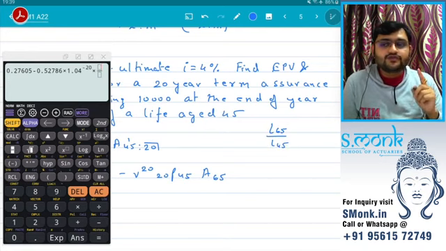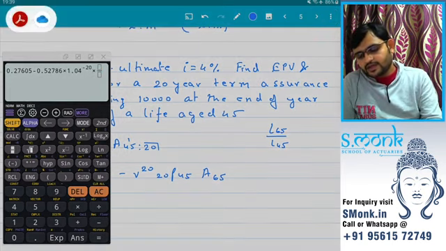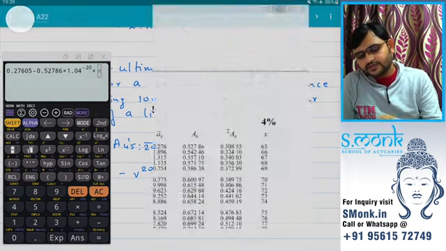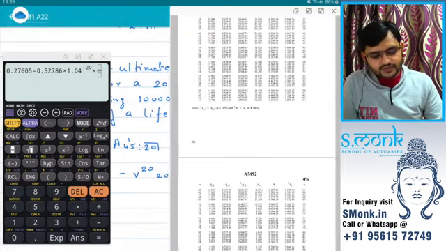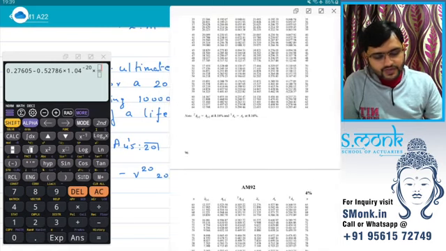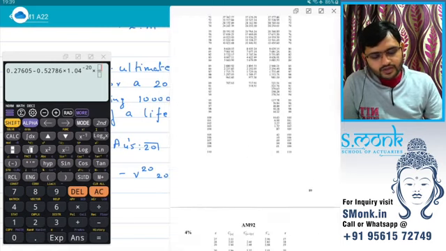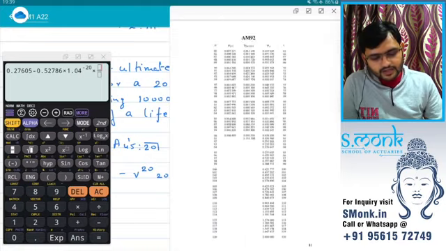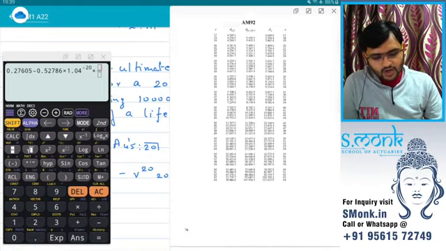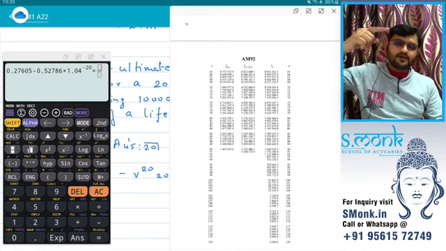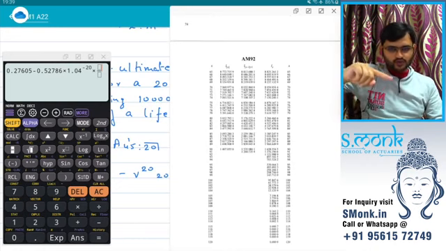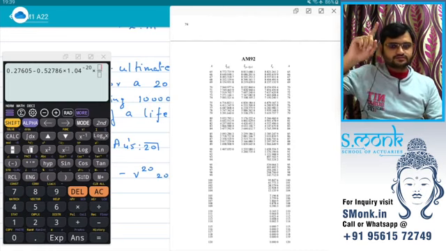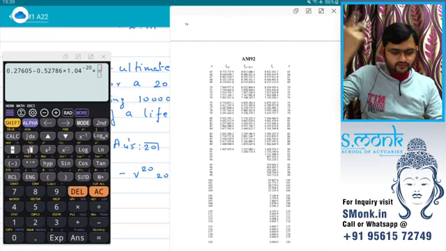This we have to take from AM92 tables only. At the beginning of these AM92 tables, we had l values. Always remember, we will have l, d, q, then I think mu, e, and then whatever later.